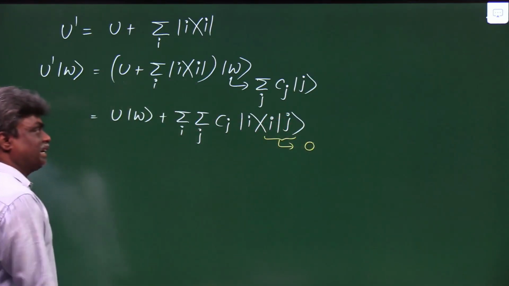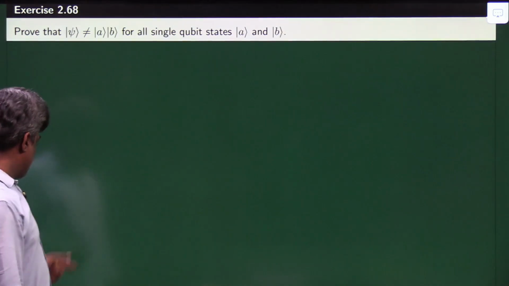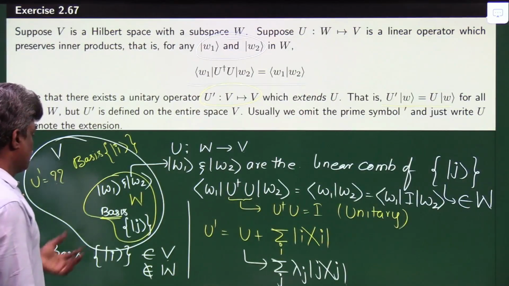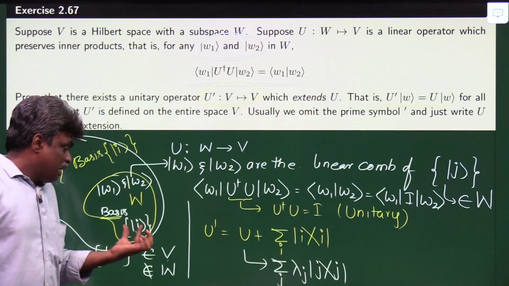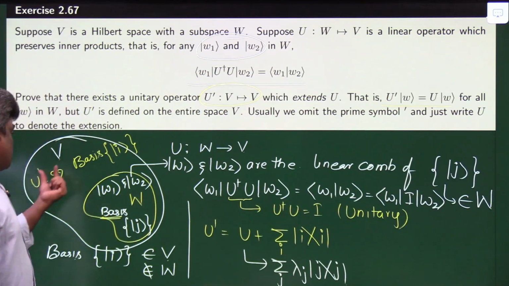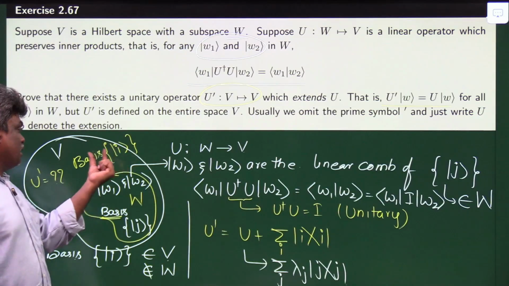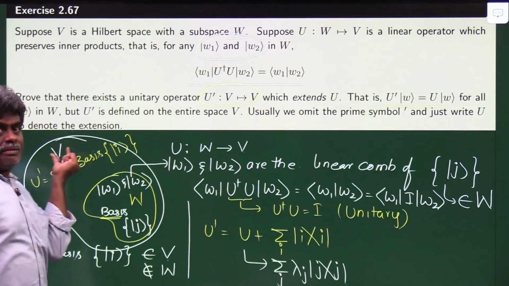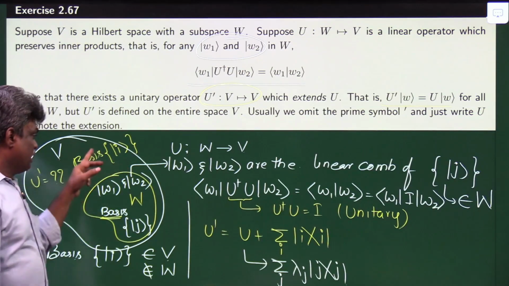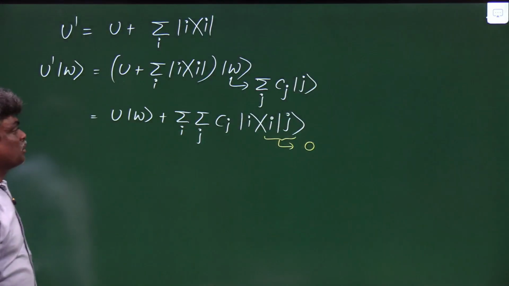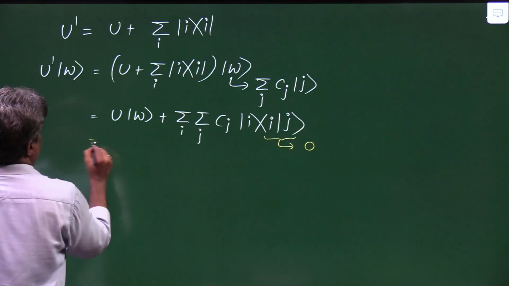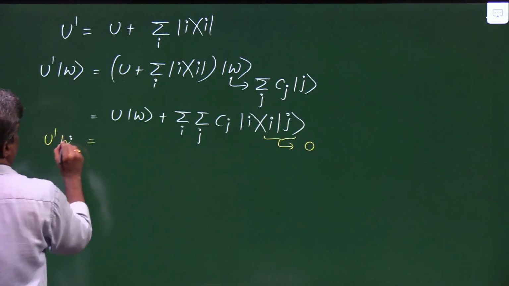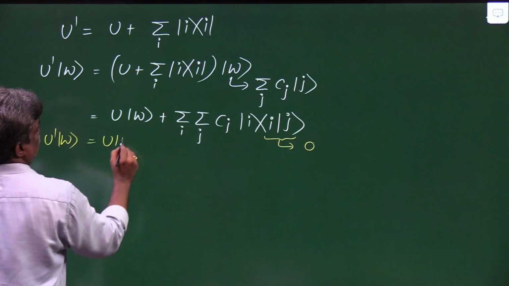The j are the basis states in w, but the i are basis states only in v, so both are different. If you take that inner product, it will be 0. So finally we got u prime w equal to u w.